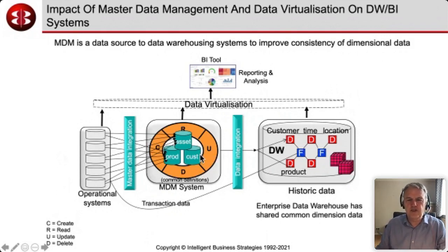The dimension data would come from the trusted data source, in this case your MDM system, whereas the facts would come from the transaction system. The benefit of that is it simplifies ETL processing into a data warehouse and guarantees that any analytical system, not just data warehouses, would have consistent master data taken from the same source.